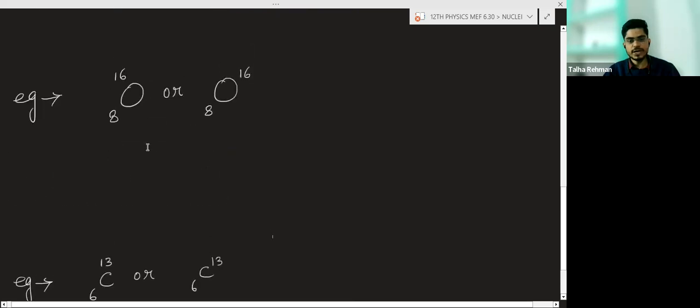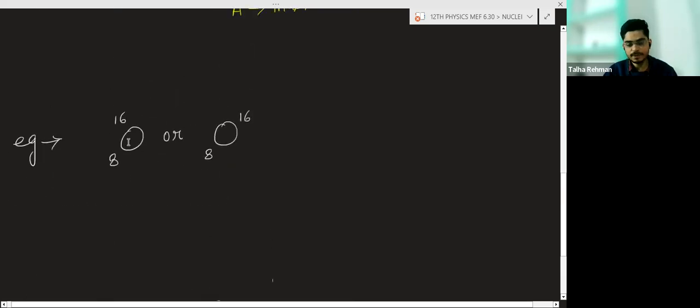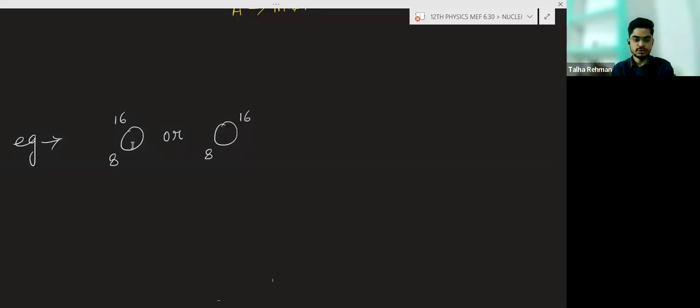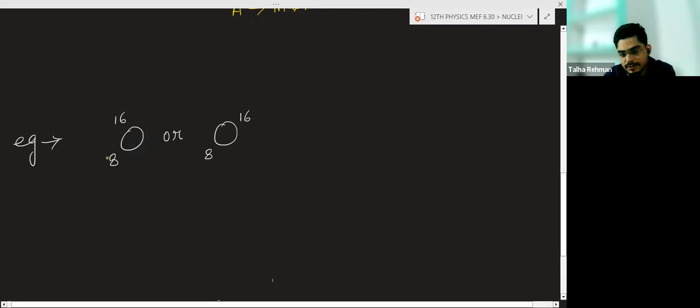So we will calculate here the total number of protons in this oxygen atom and the total number of neutrons. So the total number of protons is what?